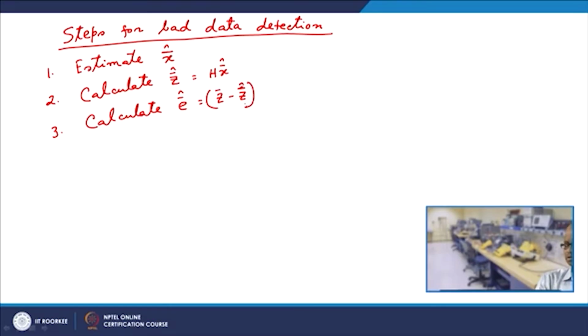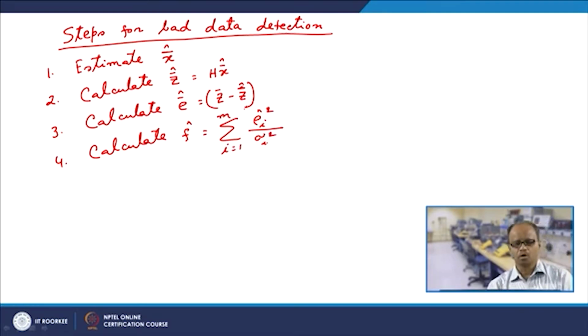Once we get E hat, then we calculate f hat, which we know how to calculate. Once I calculate f hat, then we consult our chi-square distribution curve.